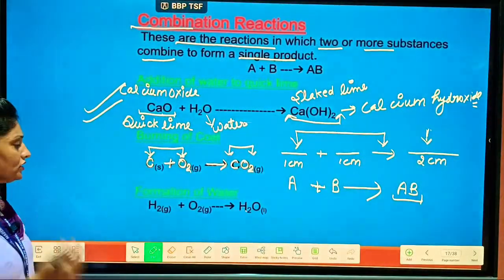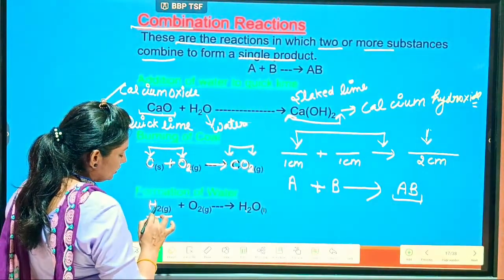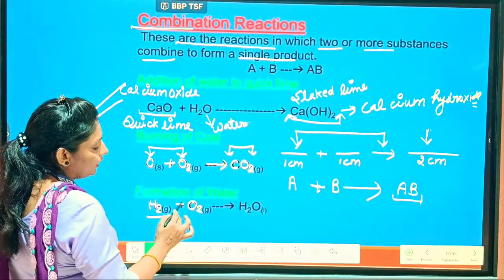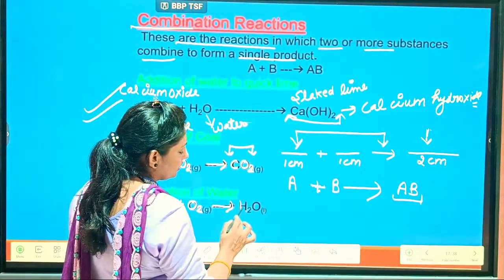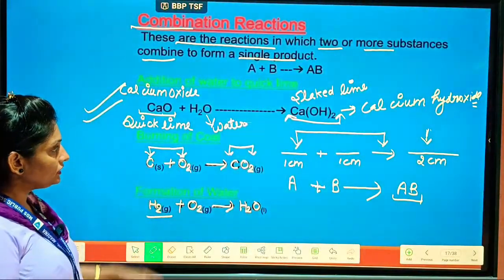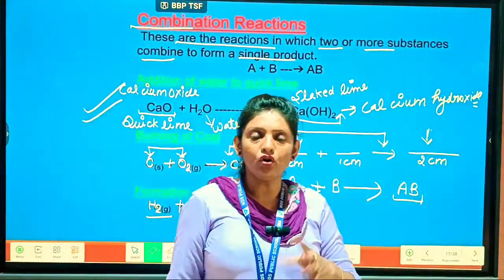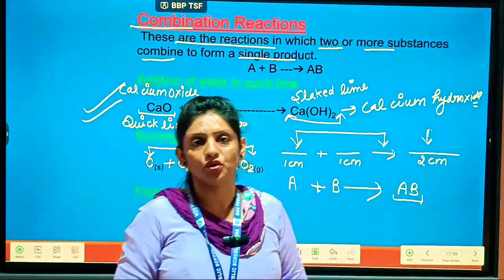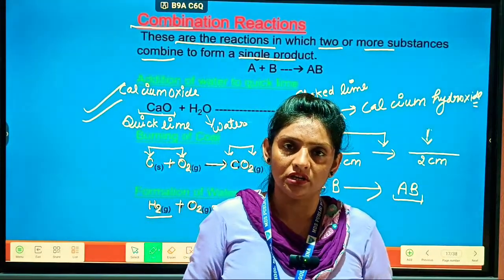You can see one more example, students, like water: H2 and oxygen, when they combine with each other, they give us a single product, that is water. So students, I hope this type of reaction is clear to you. When two or more substances combine with each other and give us a single product, that type of reaction is known as the combination reaction.